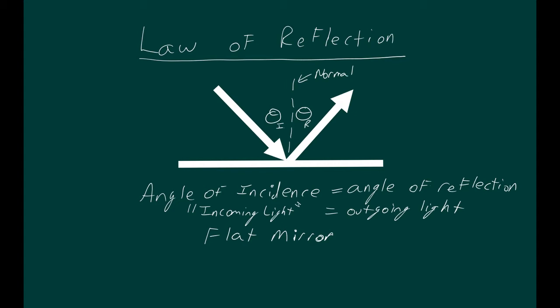We talked about that before in physics, but that's your perpendicular bisector, if you will, perpendicular to the mirror or your opaque object. Now all light will follow the law of reflection. So the angle in has to equal the angle out. Angle of incidence equals the angle of reflection.